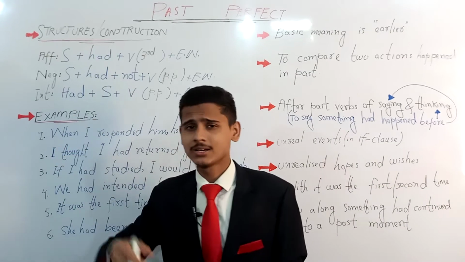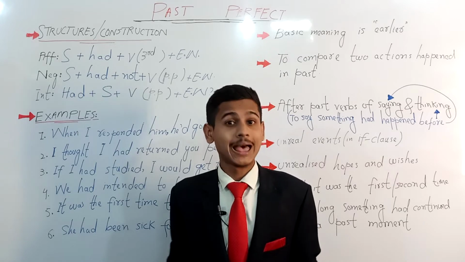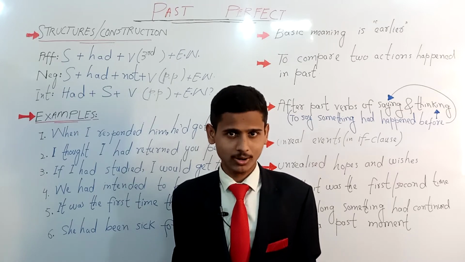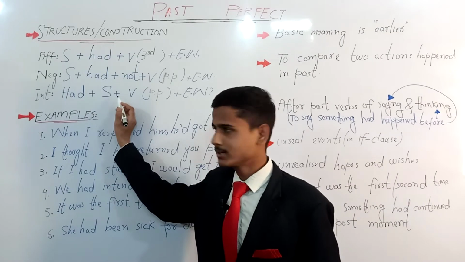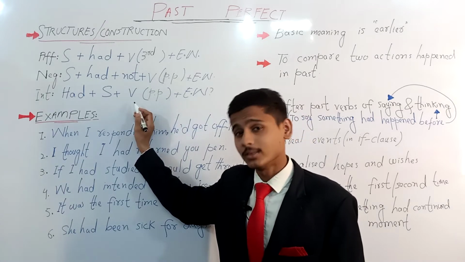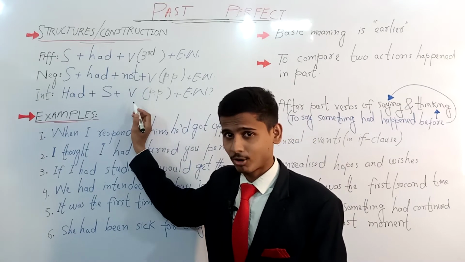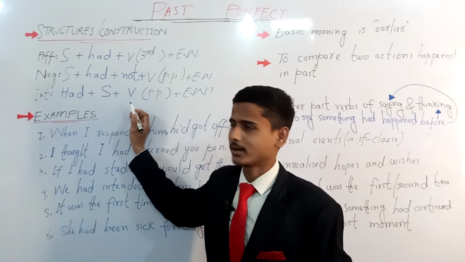Has, have, had, all these three forms are helping verbs, auxiliary verb forms. This is an auxiliary verb, helping verb, plus subject plus verb. And which form of verb? That's right, if you said third form or past participle form, then you were correct.